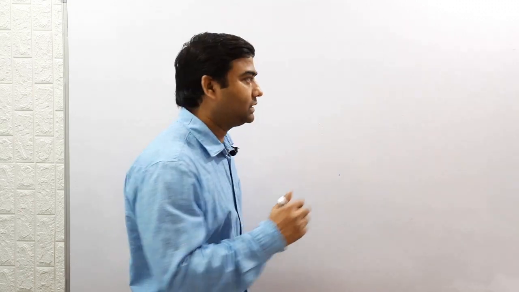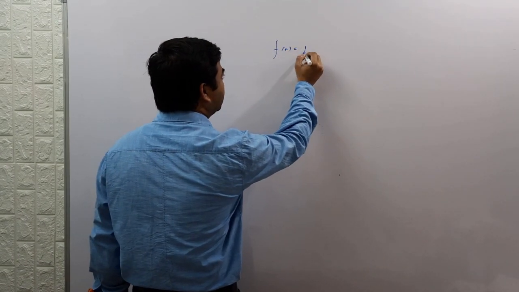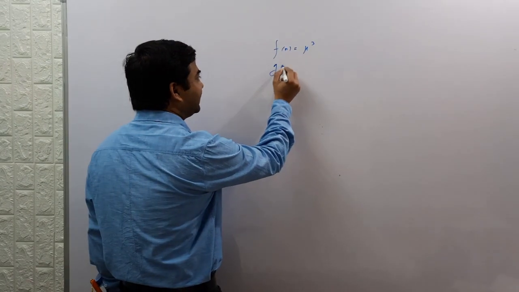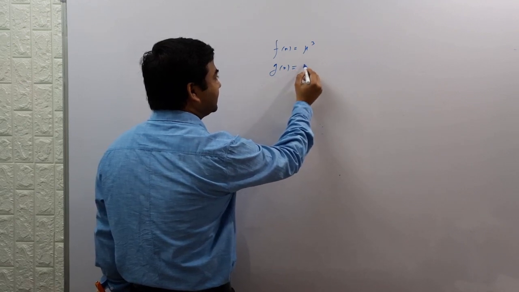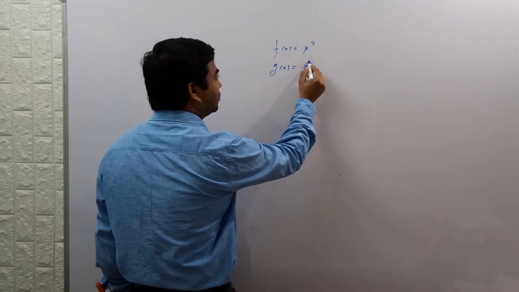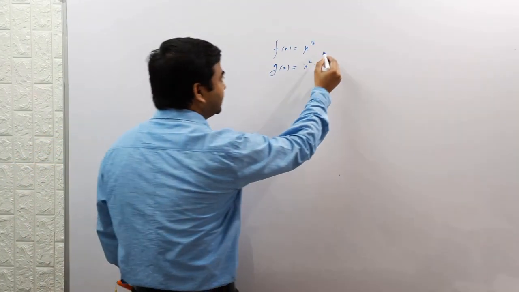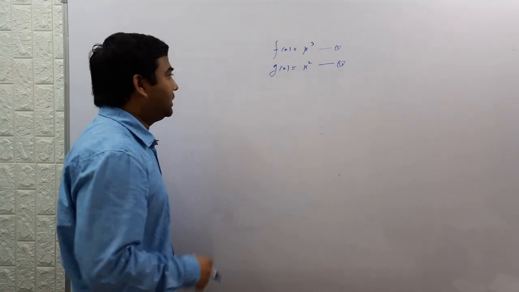That is composition of function. So let f(x) is equal to x cube, one given function, and the second function is g(x) is x square. Just for example, these are two given functions.